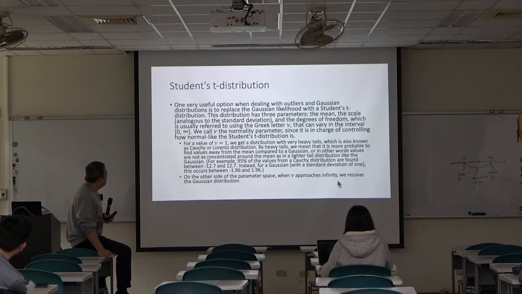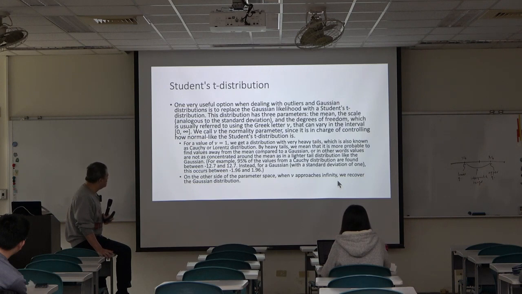And the scale, which is comparable to the standard deviation, but be very careful with the wording here. They are not exactly the same, but they are in some way similar.